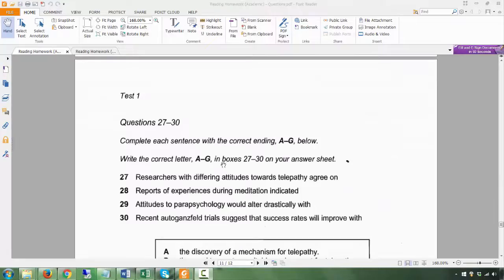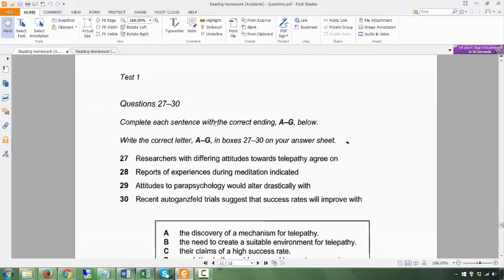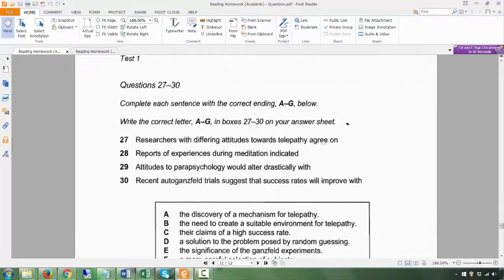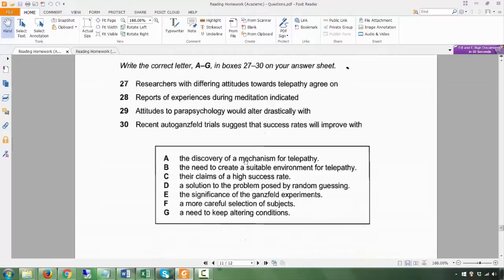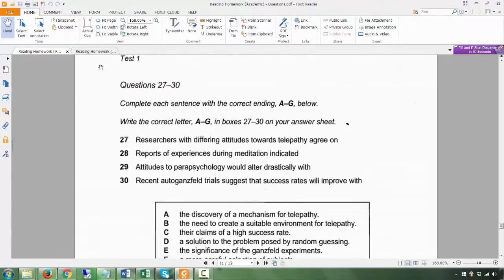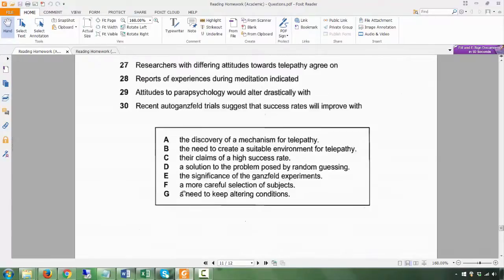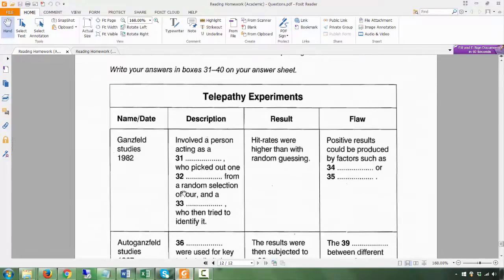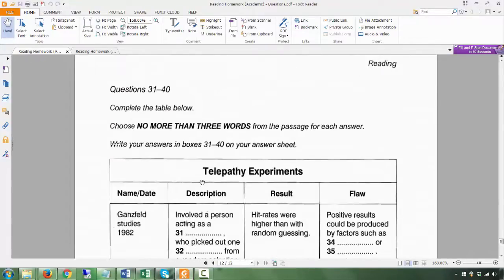All right, passage 3, questions 27 to 40. So what kind of questions do we have? This is the match sentence endings, and then you have this kind of summary, table summary.